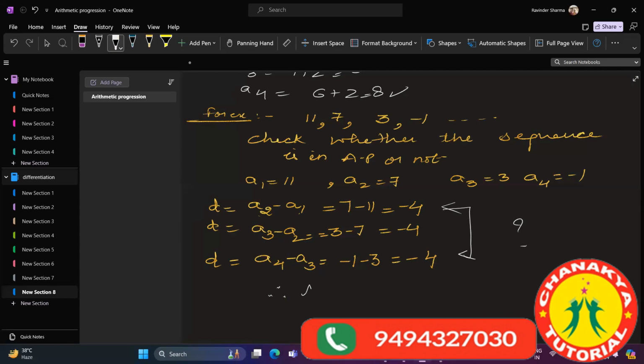Therefore, as you will write, therefore as common difference is same throughout the sequence, therefore it is in AP. Understood, children? How you will identify that the given sequence is in AP or not?